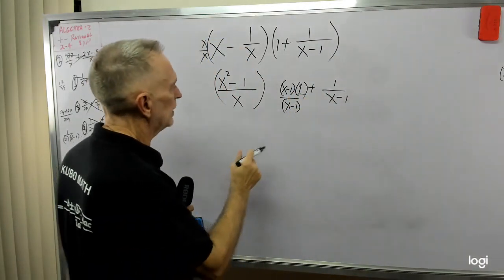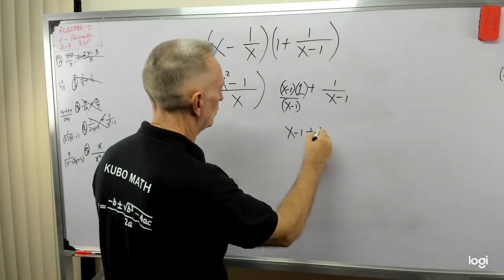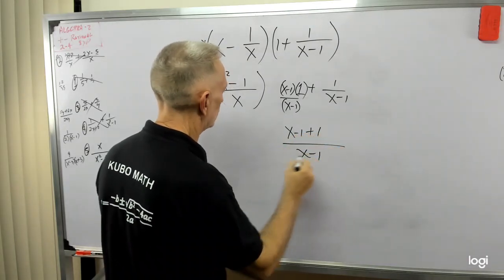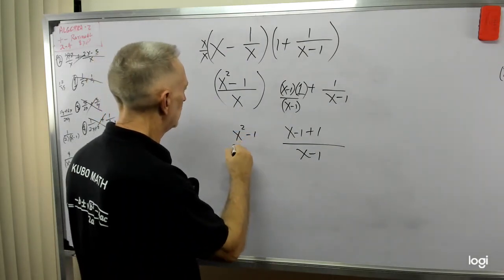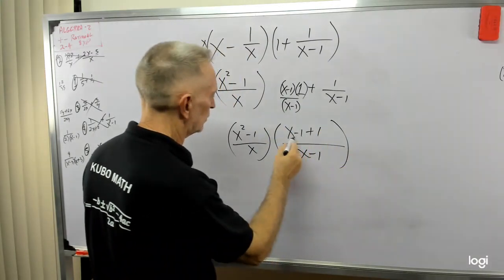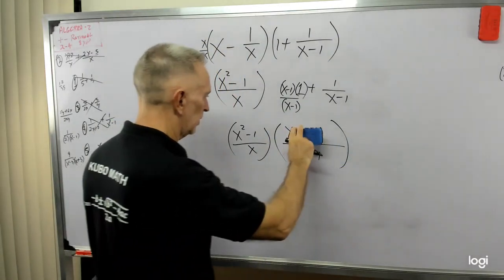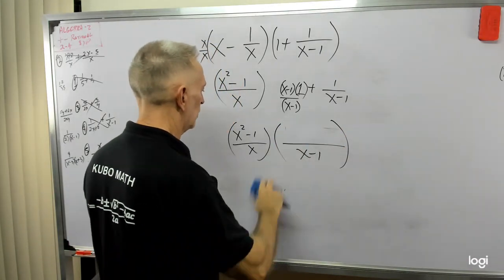And that then gives me x minus 1 plus 1 over x minus 1. And that would be multiplied by x squared minus 1 over x. So x minus 1 plus 1 is just x over x minus 1.